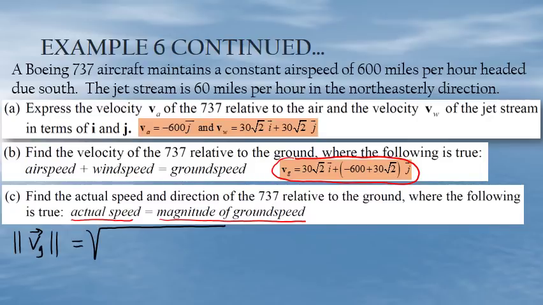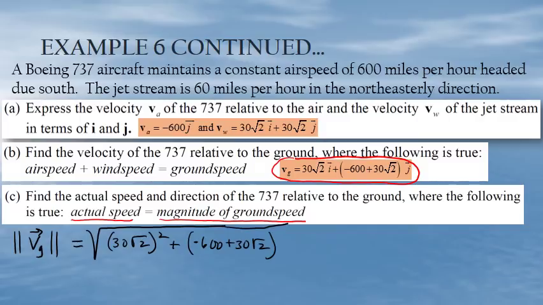So it's going to be a little bit ugly because the piece connected to the I is 30 root 2. I'm going to square that, plus the piece connected to the J is negative 600 plus 30 root 2.